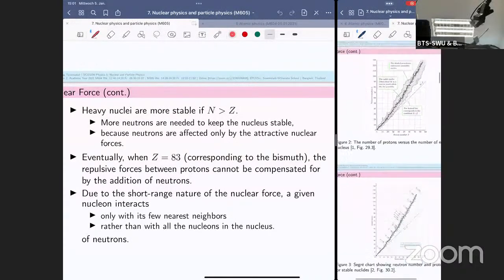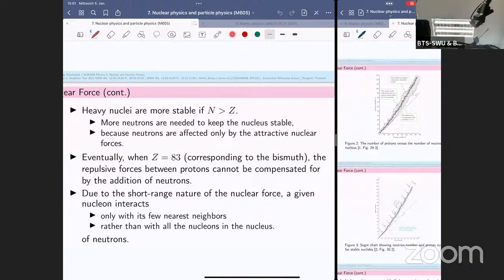We can build up bigger elements, but they are not so stable, because when the nucleus is bigger, it is not stable. That's what we have already talked about.